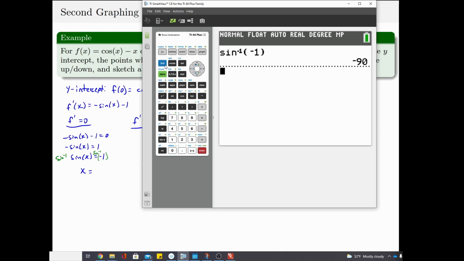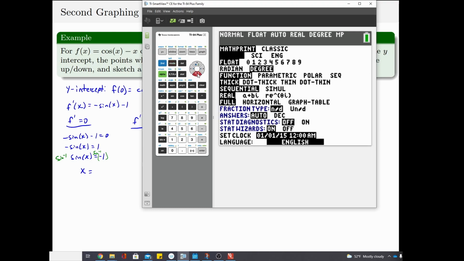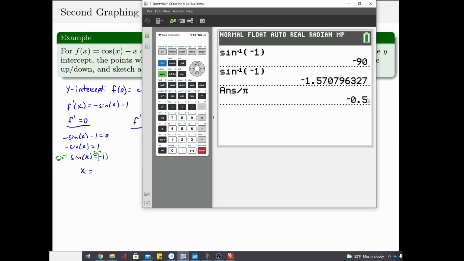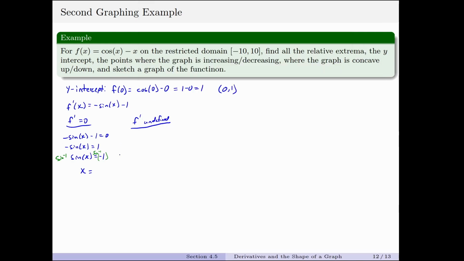Oh, my calculator's in degrees. I get negative 90 degrees. If you're in radians like you're supposed to be, you might get some crazy number, but remember that typically the angles I get when I'm in radians are going to be some fraction of pi. So if you just divide out pi, you can see, oh, it's negative one half of pi, or negative pi over 2. Or you can just remember what your unit circle looks like.